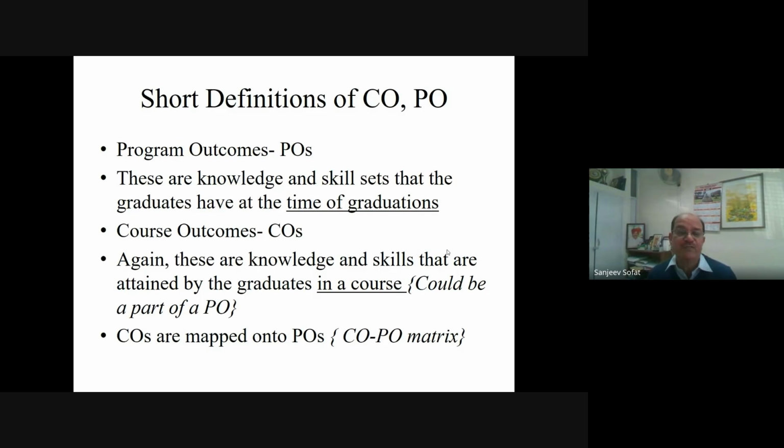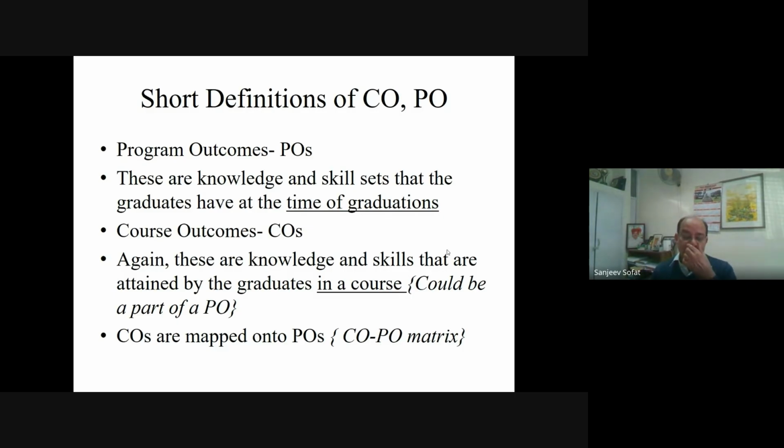This is what we say is the outcome. So these are the three terms, K, S, and A, which have to be there at the time of graduation. Once he completes the program, the knowledge and skills he has developed are what we call the program outcome. And course outcome is how exactly he will attain these POs.